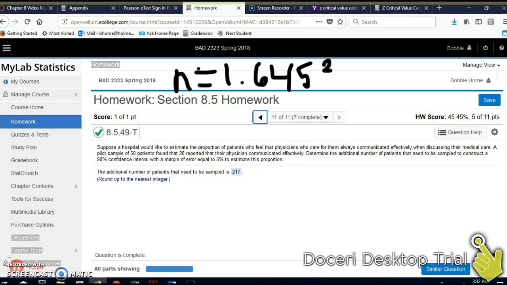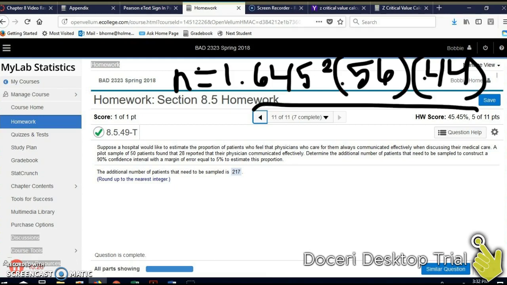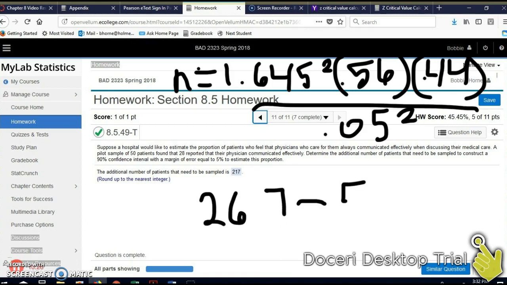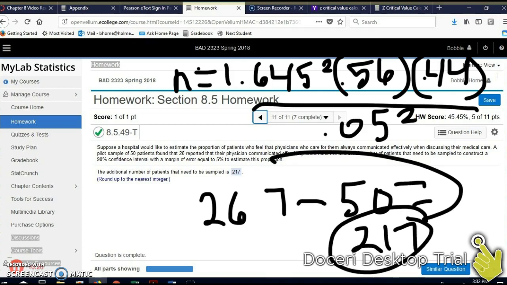So 28 out of 50 would be 0.56, and 1 minus 0.56 would be 0.44. So these three things, 1.645 squared times 0.56 times 0.44 divided by the margin of error, which is 0.05 squared. I think when you calculate this, you end up getting 267, but we've already sampled 50, so we need 217 more.